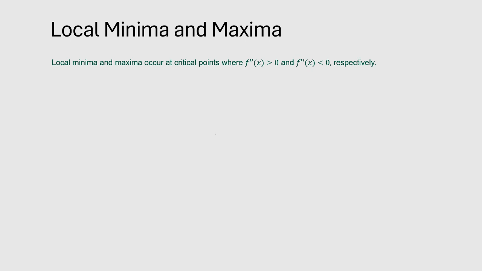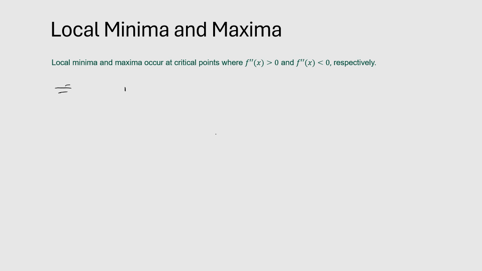Local minima and maxima occur at a critical point where the second derivative is greater than 0 and less than 0 respectively. Let me write the steps for finding the local extrema.